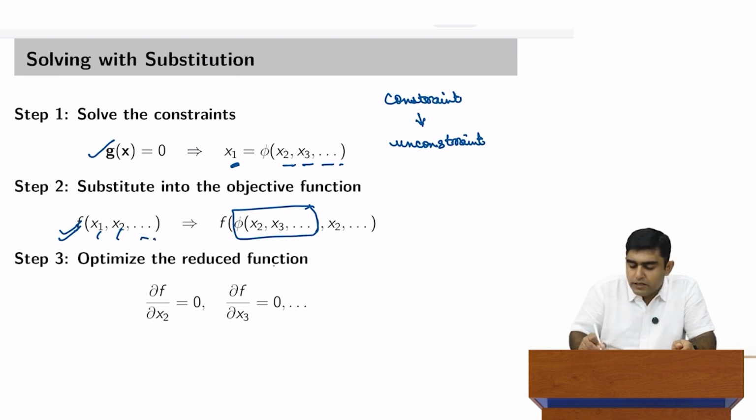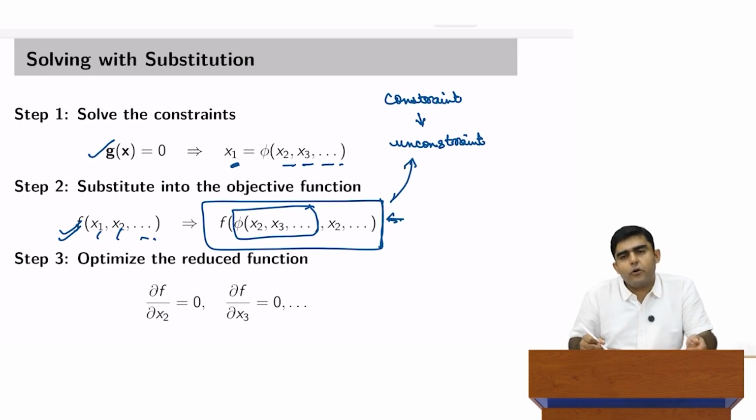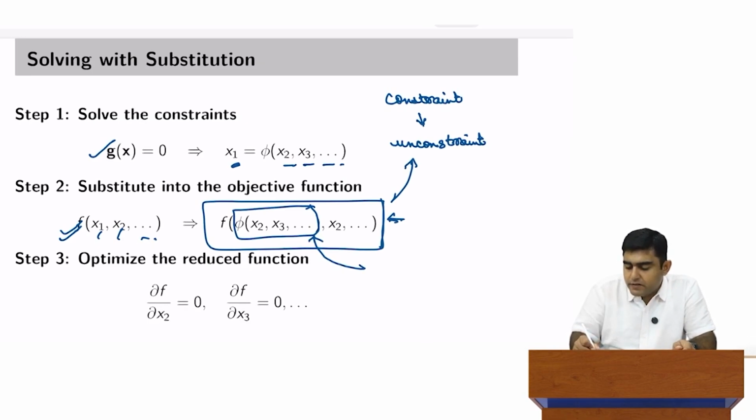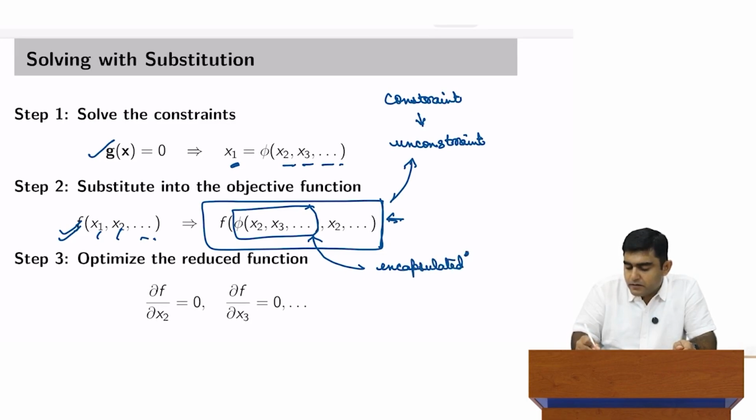Now we get an objective function which resembles our unconstrained optimization form, and all the necessary and sufficient conditions can be applied easily, because the information of the constraint is now encapsulated in variable x1. Even though it looks like an unconstrained optimization problem, the constraint has been embedded into the objective function itself.